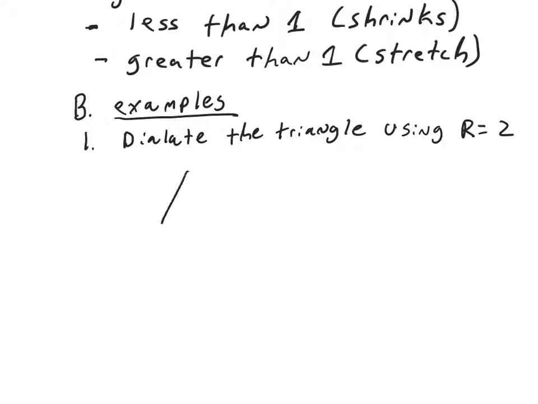Alright, so here's our starting triangle. It has 5, 6, and 7 for side lengths. Okay, so we're going to end up with a bigger triangle, and each of the side lengths are going to be multiplied by 2.